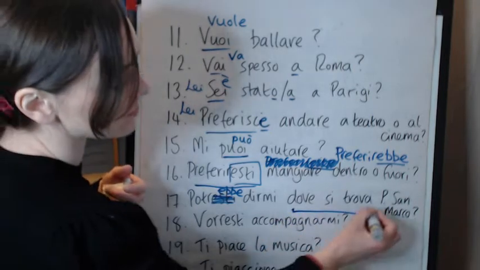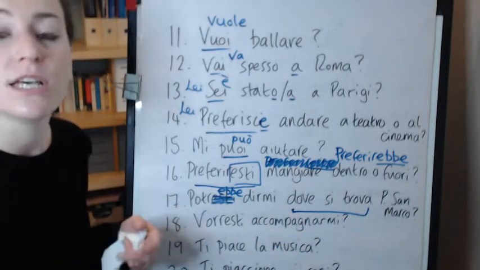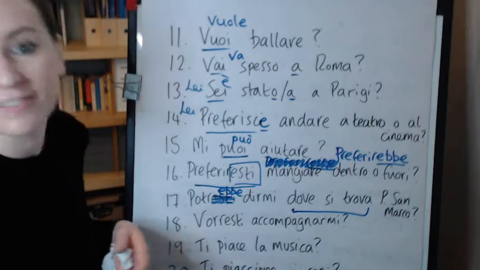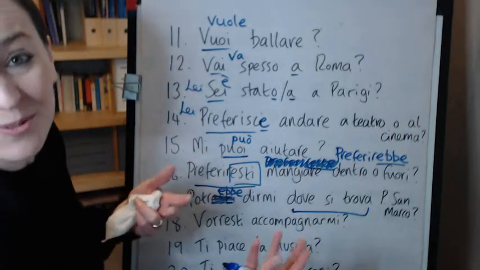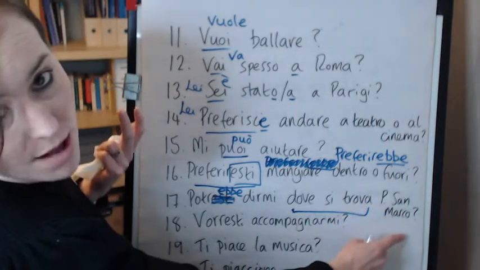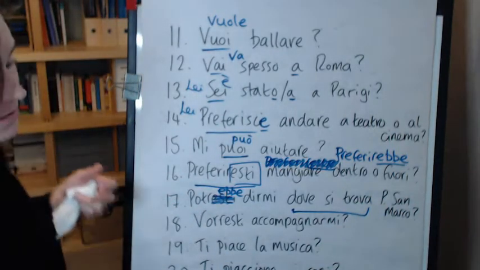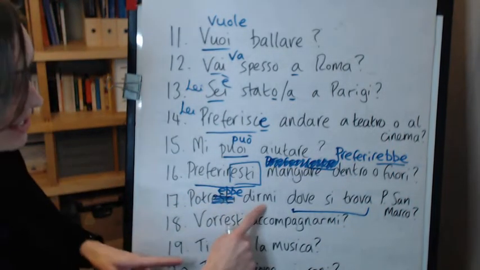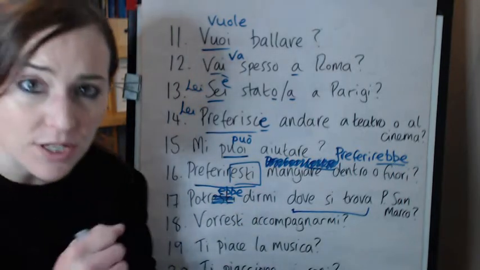That's a useful little, you could just use that on its own actually. Dove si trova la stazione centrale? Where's the central station? Etc. Here I've got Piazza San Marco, if you're in Venice. Potrebbe dirmi. I'm so glad I noticed that there.